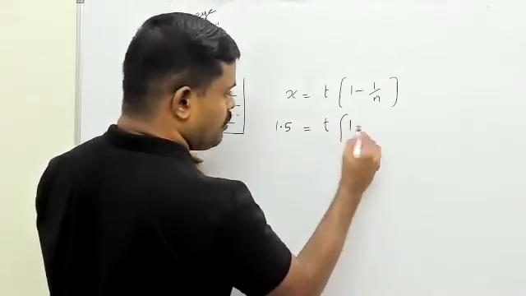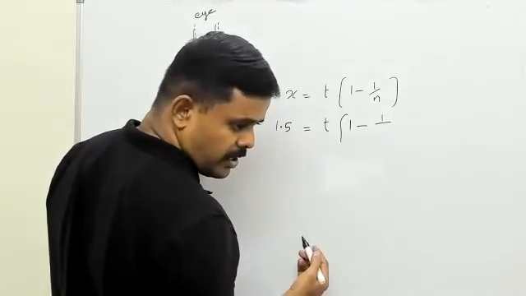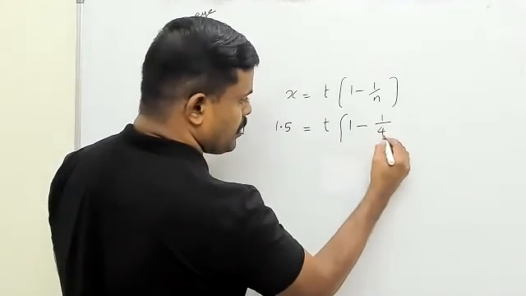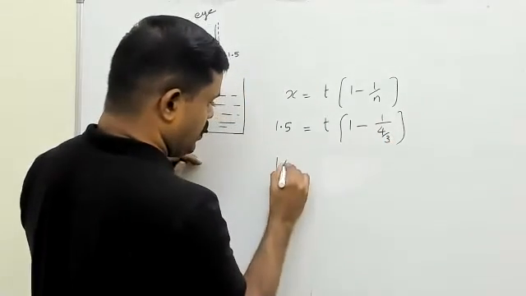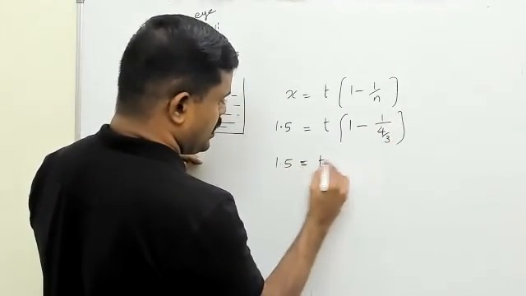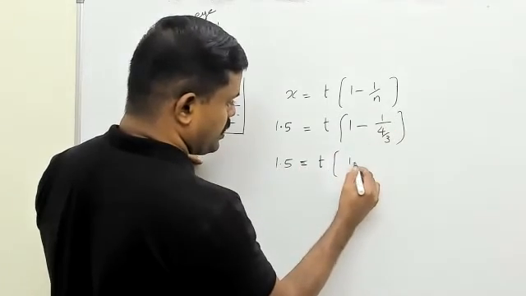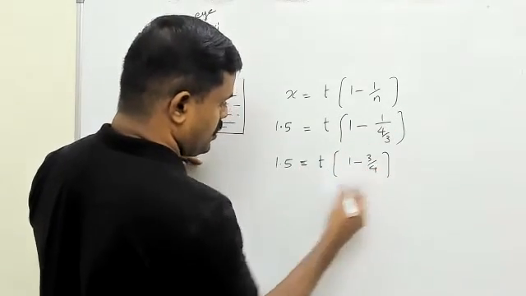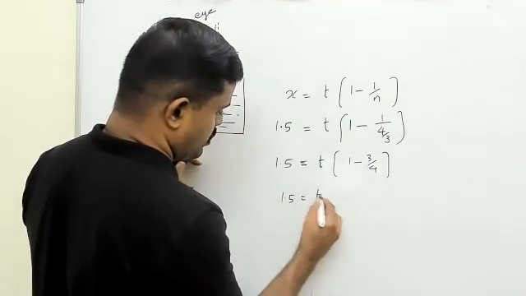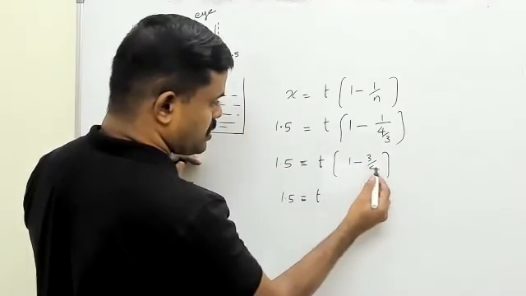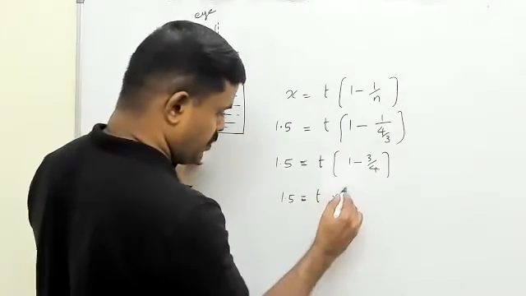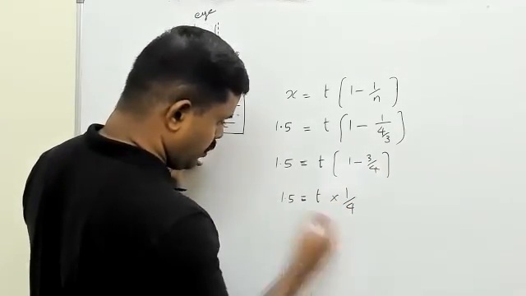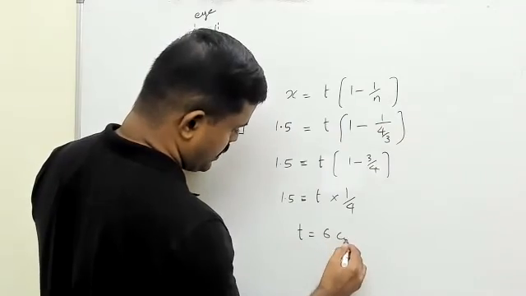T into 1 minus 1 by n, is it water? Yes, 4 by 3. So 1.5 is equal to T into 1 minus 3 by 4, which is 1 by 4. Let it go to the left side. T is equal to 6 centimeters.